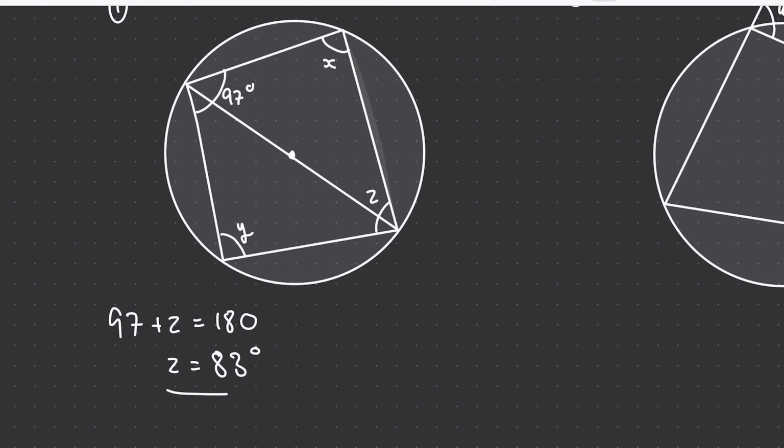Well, this is why we need to know that this line is a diameter, because we can use the rule for the semicircles where it tells you that any angle that is in a semicircle and touching the circumference is a right angle. So this tells us that x equals 90 and y equals 90 because they're both angles in a semicircle.